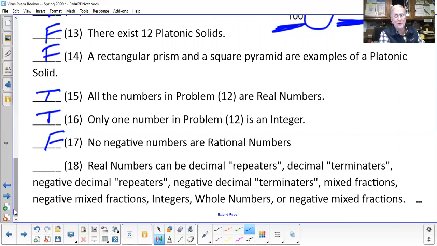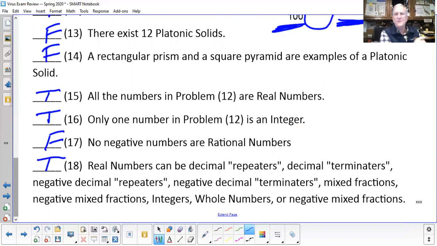Now, some of those words are a little weird, but can real numbers have all of those different kinds? It most certainly can, right? The only type that's really left out is positive and negative irrational numbers, because all those numbers mentioned there are actually rational numbers. And of course, they are definitely examples of real numbers. So that is definitely a true statement.